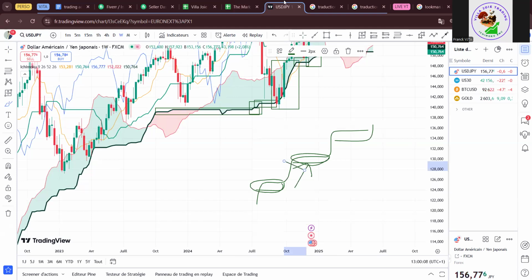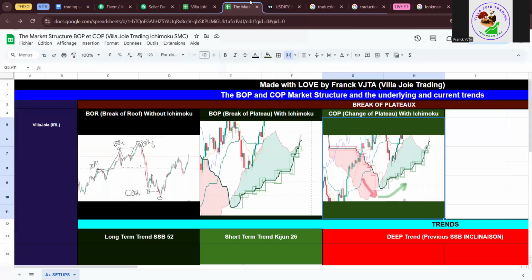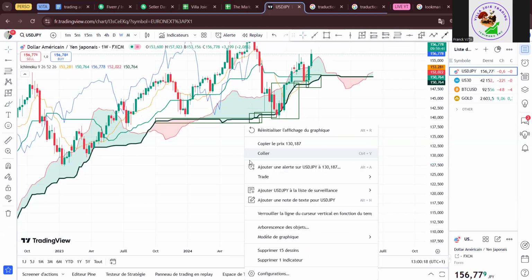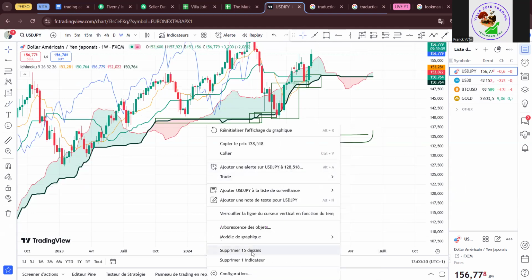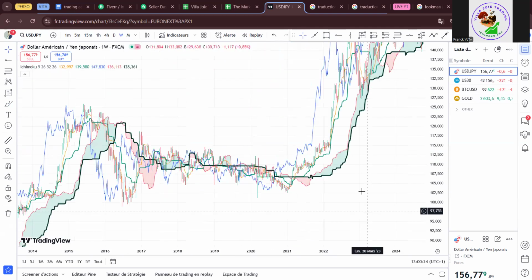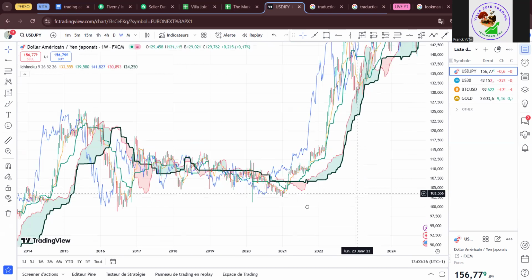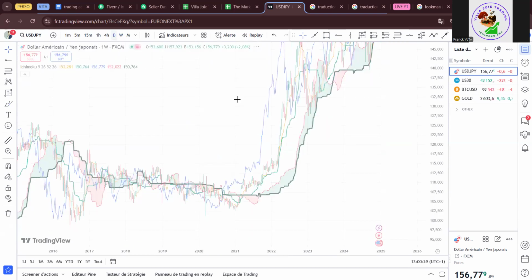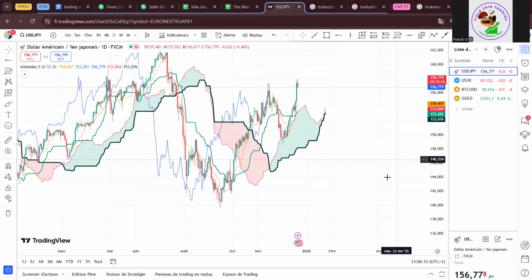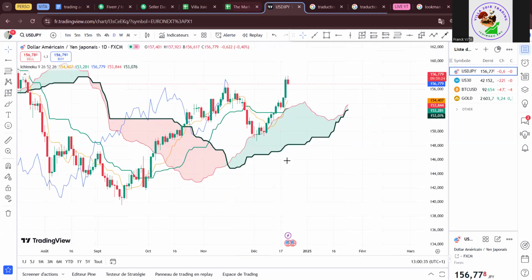So now, when we have a break of plateau, when do you know that the trend is changing, has changed for real, right? If we take this example, we know that the trend has changed when the previous last plateau has been broken to the upside.